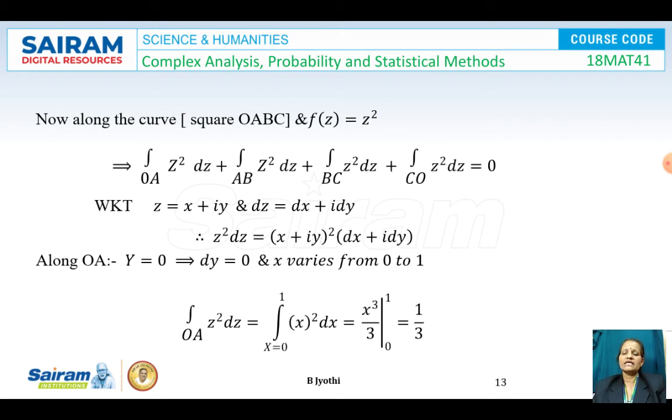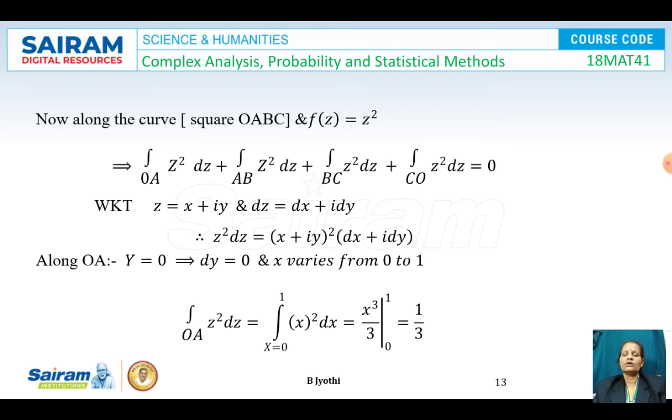This implies, according to the consequence, that the integral along OA plus AB plus BC and CO is equal to 0, which we need to prove. We know that z is equal to x plus iy and dz is equal to dx plus i dy. Therefore, z square dz will be x plus iy whole square into dx plus i dy.